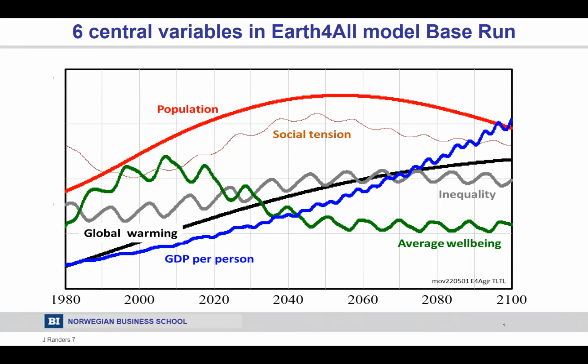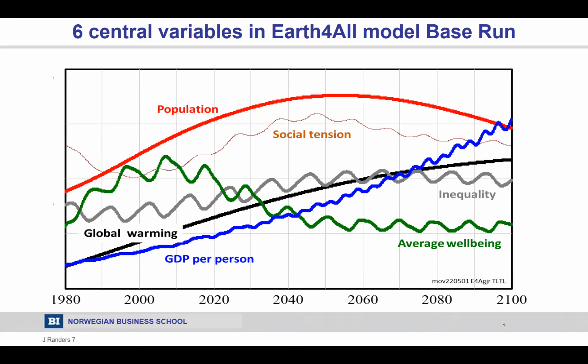And then we assume the same decision style being kept during the next 80 years. So that means that there are no truly extraordinary actions in the base run. The truly extraordinary action beyond what we have seen over the last 40 years is then in the policy runs.